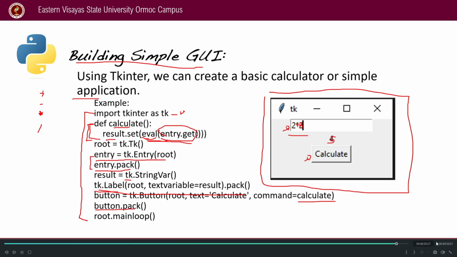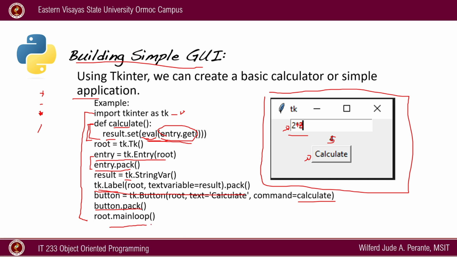Okay, so we display our button in our main window, make it visible, and for root.mainloop, again we start our main loop and keep it open until it is manually closed.